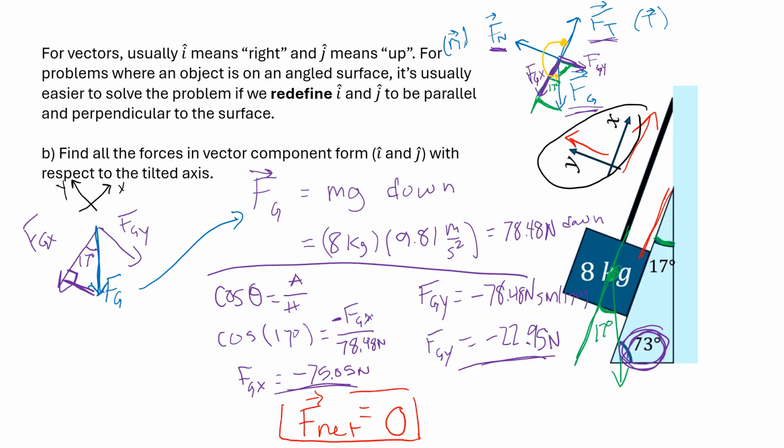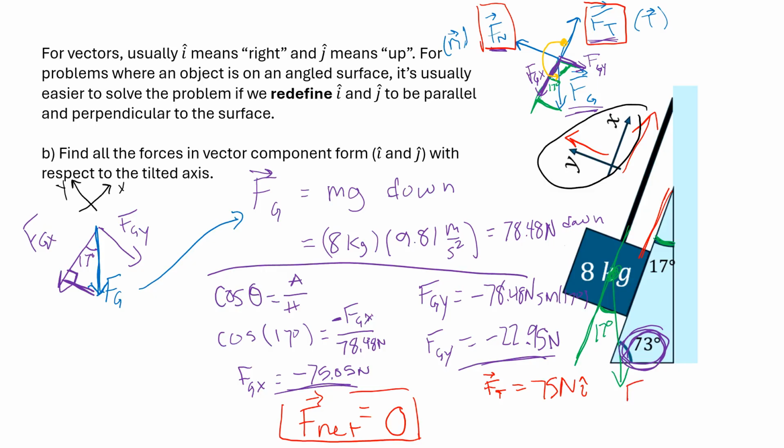This is where finally it is easier to have used a tilted axis because tension is purely in the x direction and the normal force is purely in the y direction. And so they will balance the x and y directions of gravity respectively. And so our final answer is that tension, as a vector, has to balance gravity, so it's 75 newtons I hat.